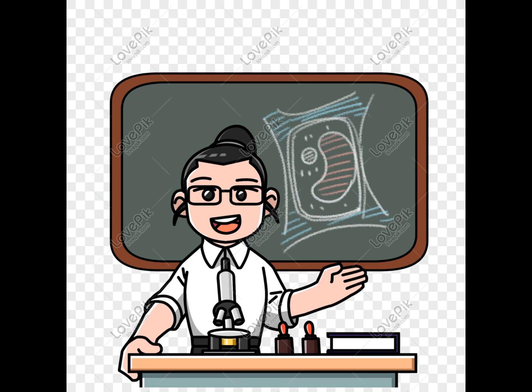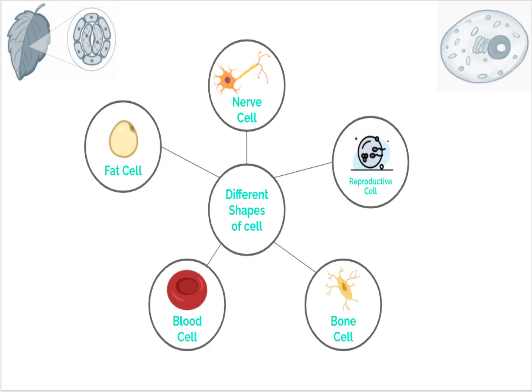There are different cells, as I can show you in different diagrams. A fat cell, again a nerve cell, the different types of reproductive cells, a bone cell, different types of blood cells. All these types of cells are of different shape and size.